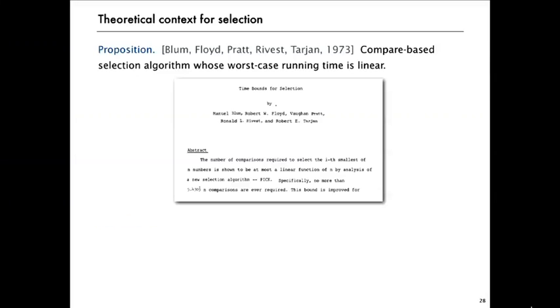And this paper found such a construction. Now, in practice, the constant in this construction is rather high, so the method's not really used in practice, and so there is still the goal of a fast, guaranteed linear time selection algorithm that maybe somebody in this class will invent someday.